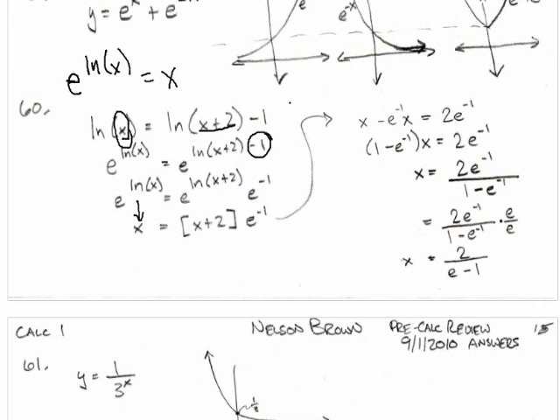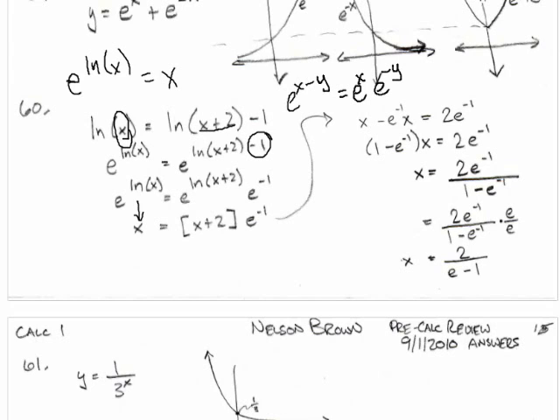We can do that because if I have e to the x minus y, it is equal to e to the x times e to the negative y. Because if I have two powers multiplied, or two bases multiplied, I would add the exponents together, right?